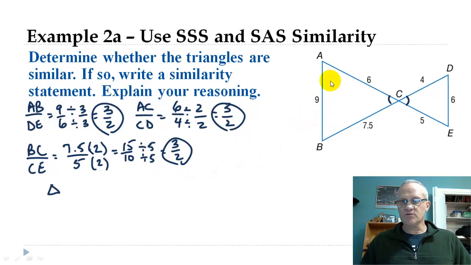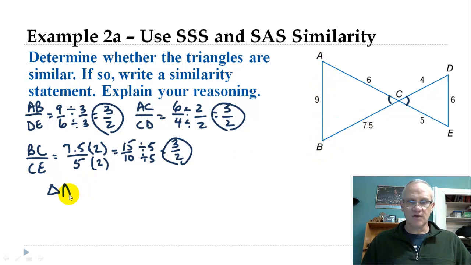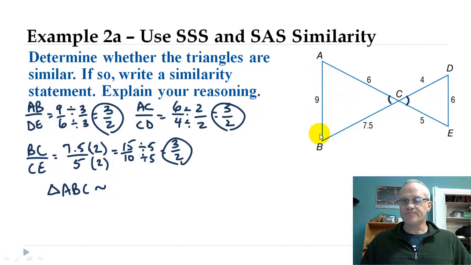Now I got to make sure I do this correctly here. So if I go ABC, then that means I have to go on the other side, DEC.